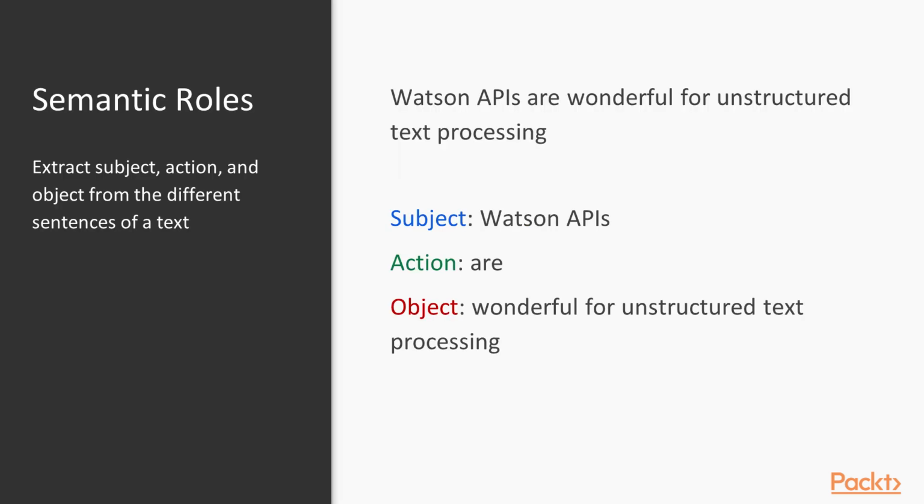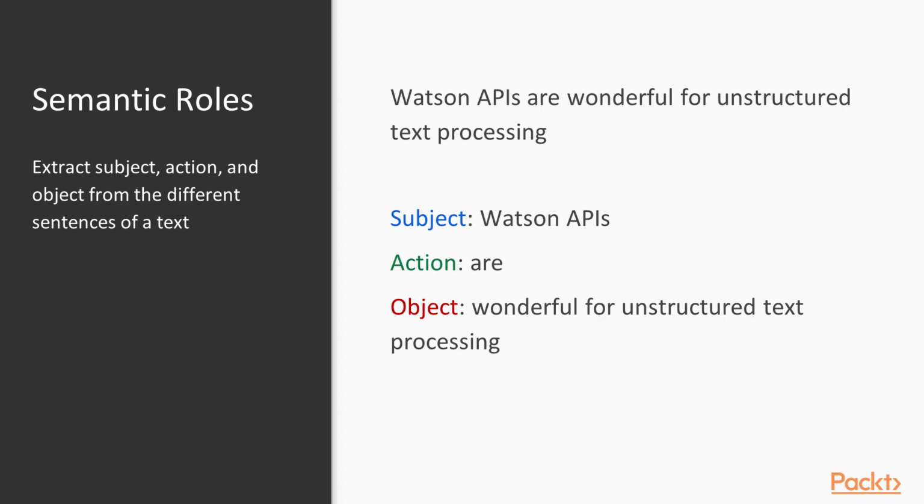So let's look at the semantic roles. Semantic roles is one of the special metadata that you can extract with Natural Language Understanding. Semantic roles extract subject, action, and object from the different sentences of a text. If you remember something from your linguistics or grammar class, all sentences are composed of these three parts.